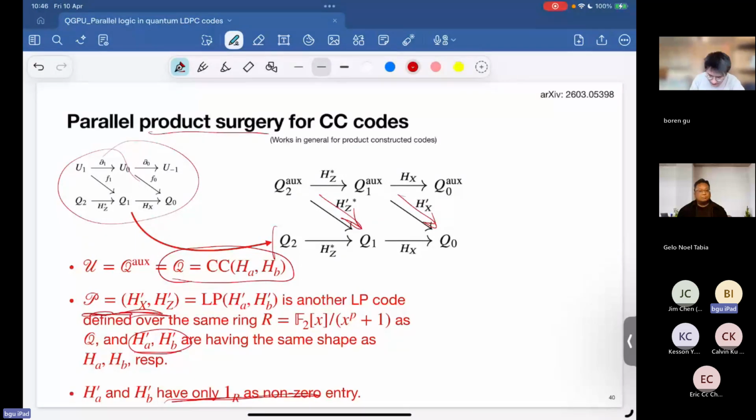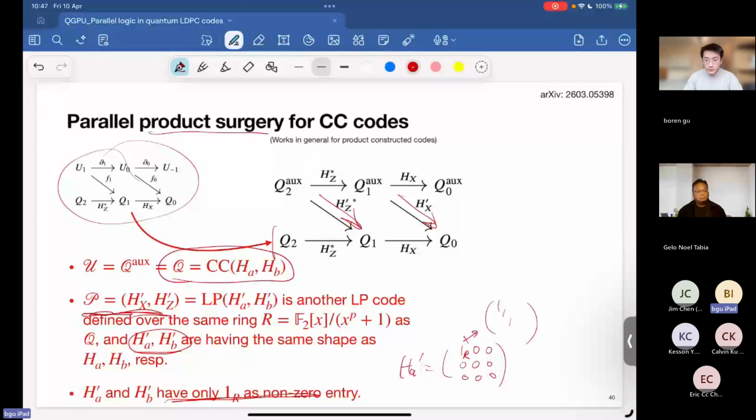So HA prime and HB prime can only take entries like 1 0 0 0 0 0 0 0 0, something like this. But this is not a binary matrix in the real sense, because this one is defined over the ring. So if you consider its binary representation, it still leads to an identity map. Yes, but these are the constraints.